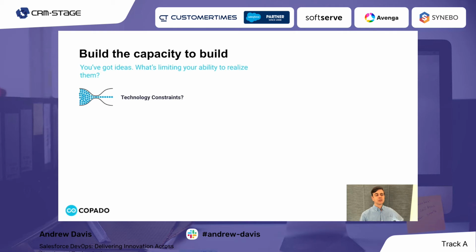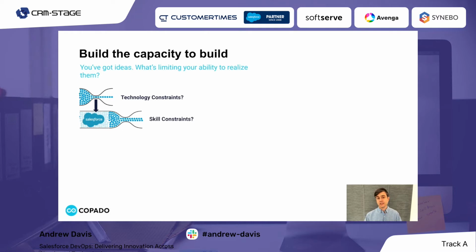So your constraint initially when you first start developing may be a technology constraint. If you're just building custom Java apps for everything, there's a limitation to how quickly you can realize those ideas. And so what people do is they move to Salesforce, and Salesforce unblocks that creative capacity constraint. It unblocks that ability to realize ideas.